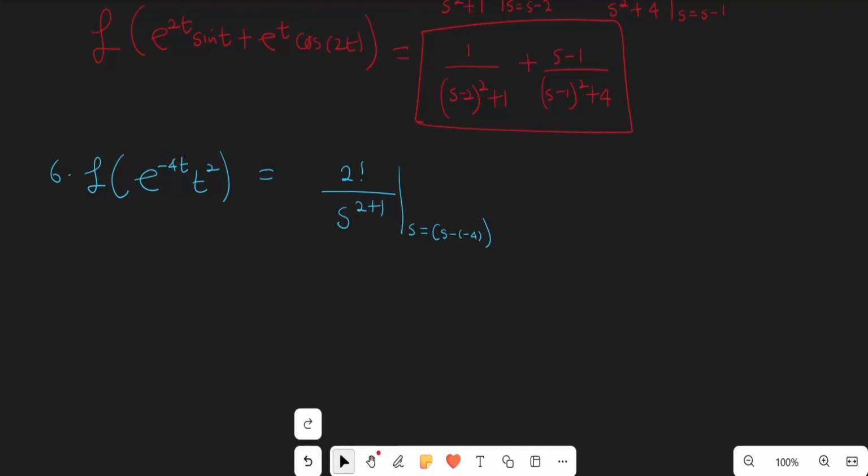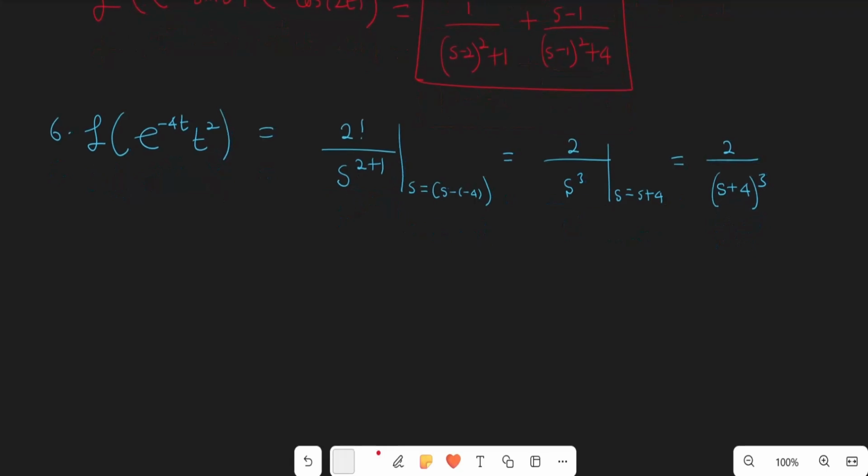So this one is going to be 2 factorial is 2 divided by s raised to the power 3, evaluated at s equal to s plus 4. That is negative negative. And this is equal to 2 divided by s plus 4, this one raised to the power 3. This one is the Laplace transform of e to the negative 4t multiplied by t squared.